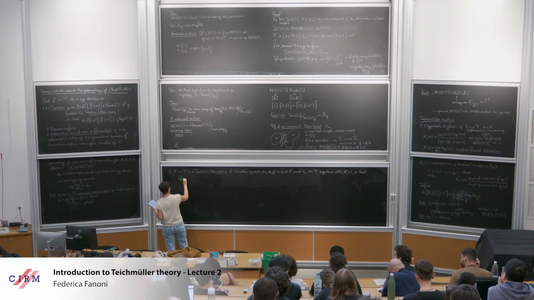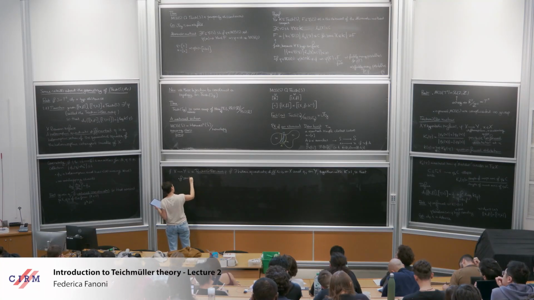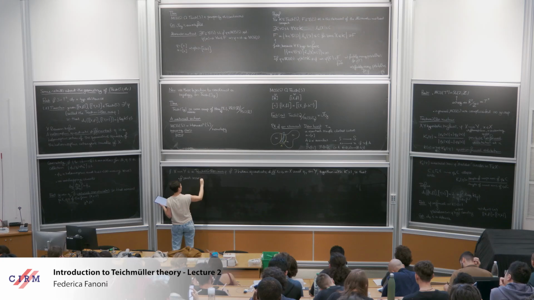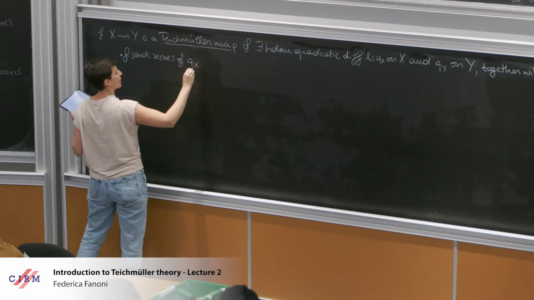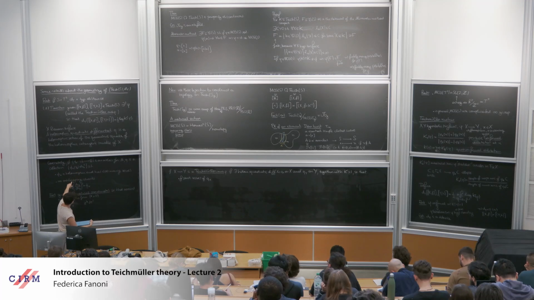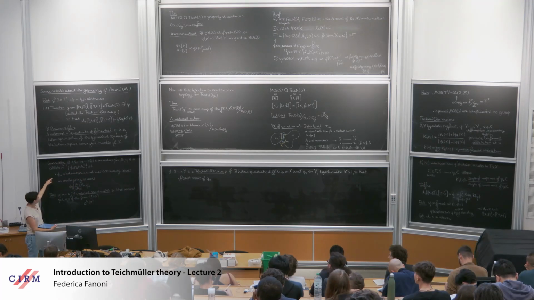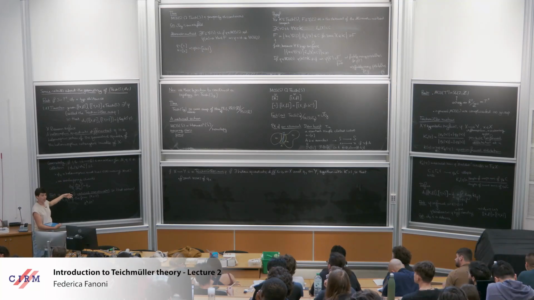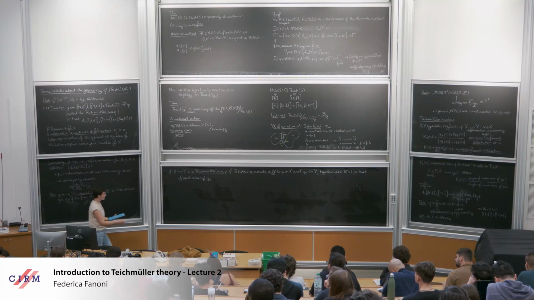The first one is that f sends zeros of Qx to zeros of Qy. These are points that, in the local coordinates, are zero for some phi alpha, and then you can check that if they are zero for some phi alpha, they are zero for any phi.